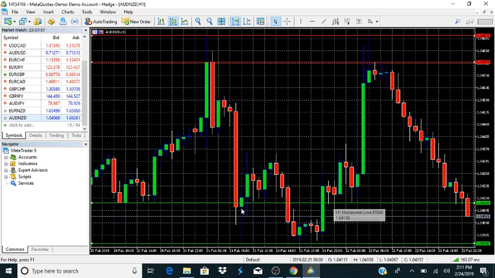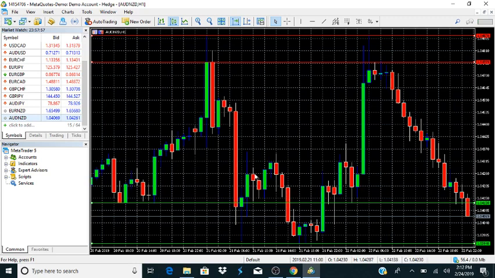Either way, if you would have bought down here, it would have went up and made you some money before going back down and then going up and then going down for a short term and then going all the way back up. So these areas right here would be considered as minor resistance areas and minor support areas before going back up.